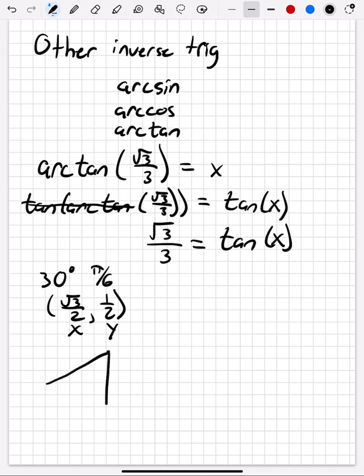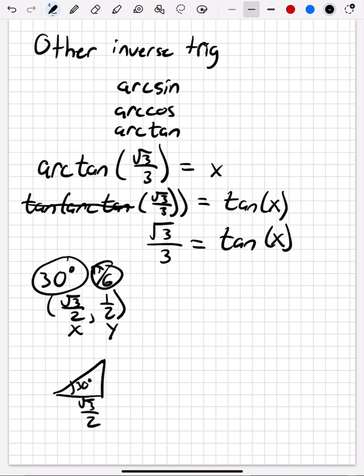Okay, so I've got my triangle. This degree marker always represents this portion here. The pi over 6 is just the radian version of it. So my x would be my horizontal, the square root of 3 over 2. My y is my up and down, 1/2.